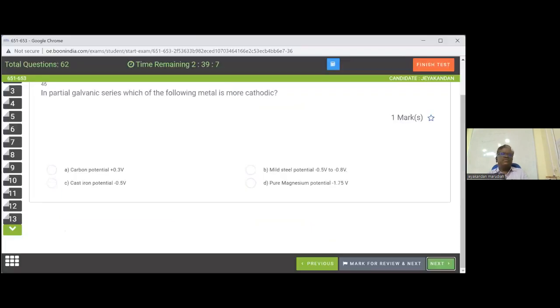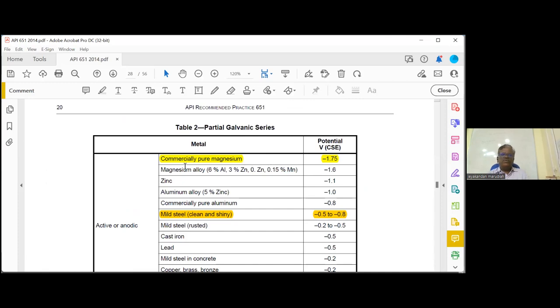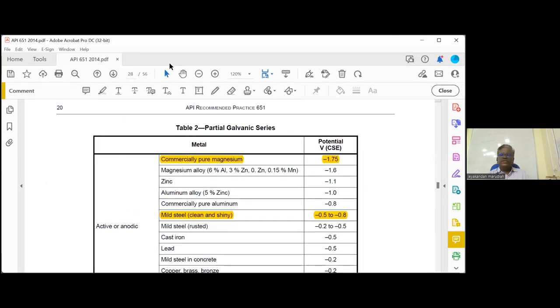Next one. In the galvanic series, which material is more cathodic? Cathodic means having high protection. Magnesium will be more cathodic, so again we have to go back to the table. The commercially pure magnesium is minus 1.7. What is given here? Here also minus 1. Okay.